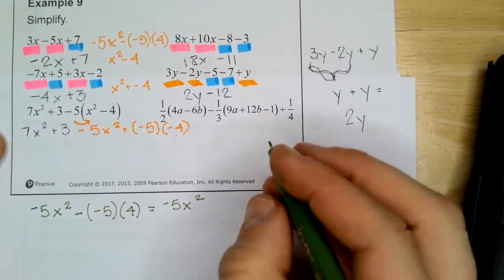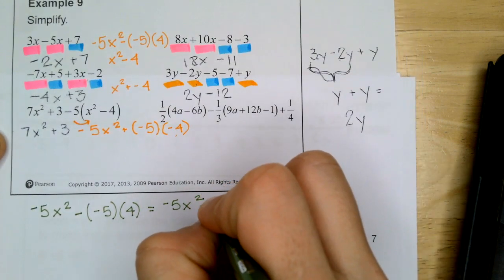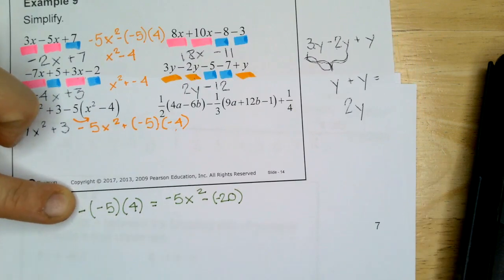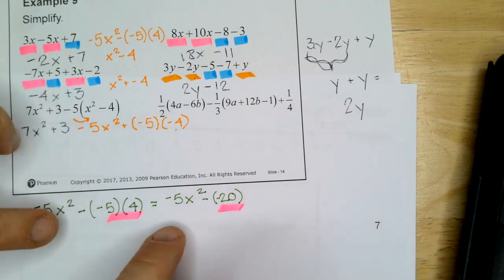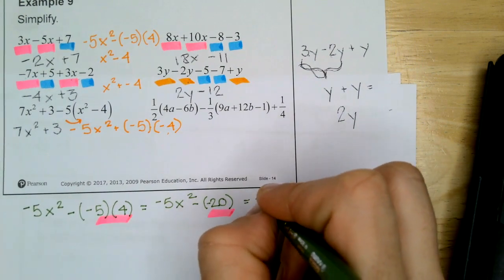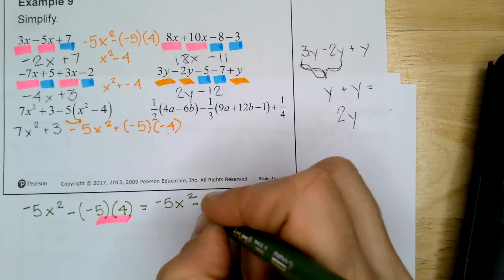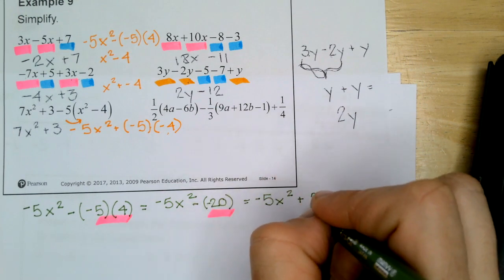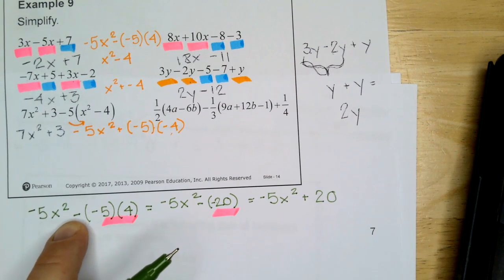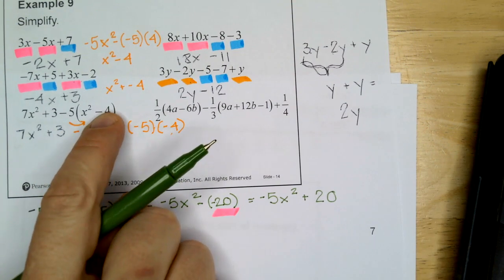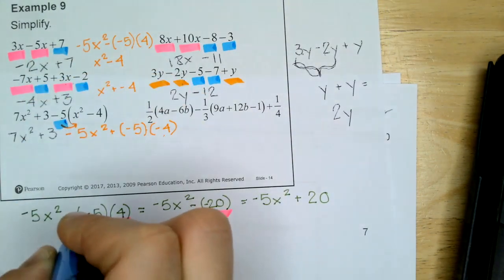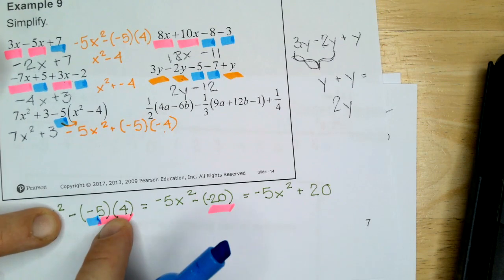Negative 5 times 4 is a negative 20, and there's still that minus sign in front of it. Minus a negative becomes a positive 20, okay? So you can truly look at it as minus 4, like it is, and then I just put that negative 5 between the minus and the 4.